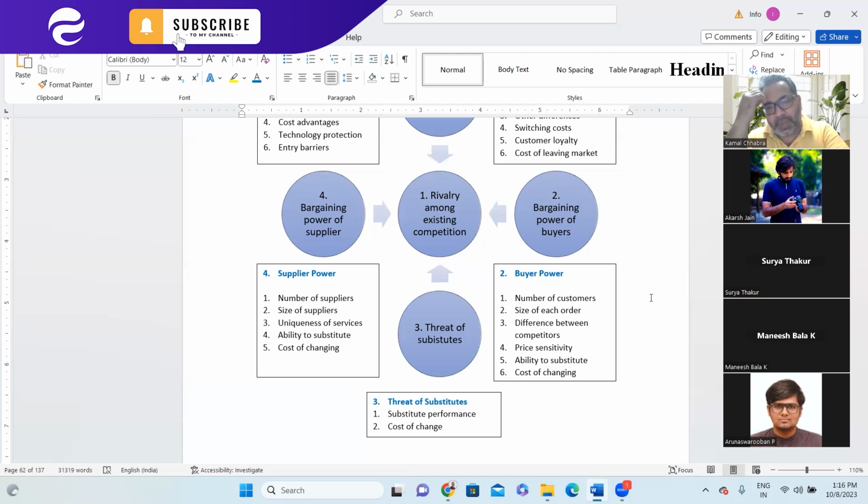So now coming to buyer power. First you need to understand the number of buyers and size of order. For example, you can say ticket size, for which you generally sell your average product. For any clothing or apparel brand, ticket size may be in a range of 1,000 to 5,000 rupees, buying a t-shirt, jeans, sweatshirt or something like that.